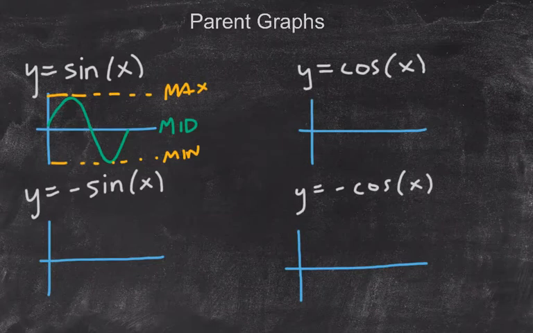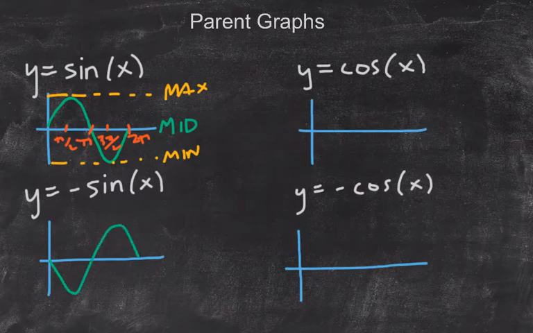The full cycle ends at 2 pi, so that's 2 pi. Half a cycle is at pi, and so I've got my maximum at pi/2, my minimum at 3 pi/2. The negative sine curve is going to look exactly the same. It's going to come off of the midline going down, though, and then cycle up and end at the midline.